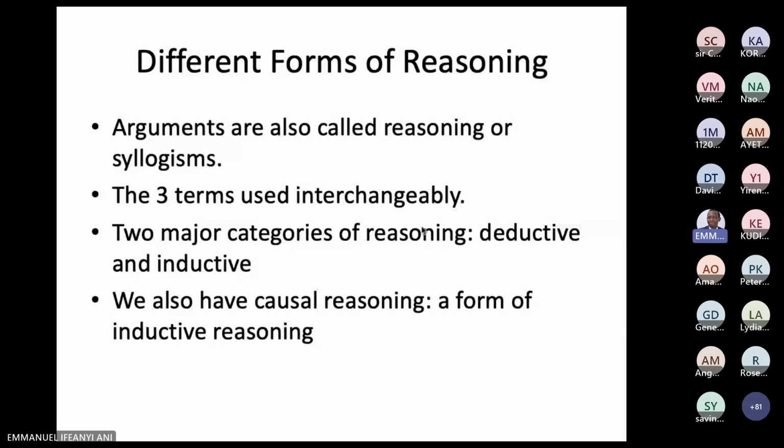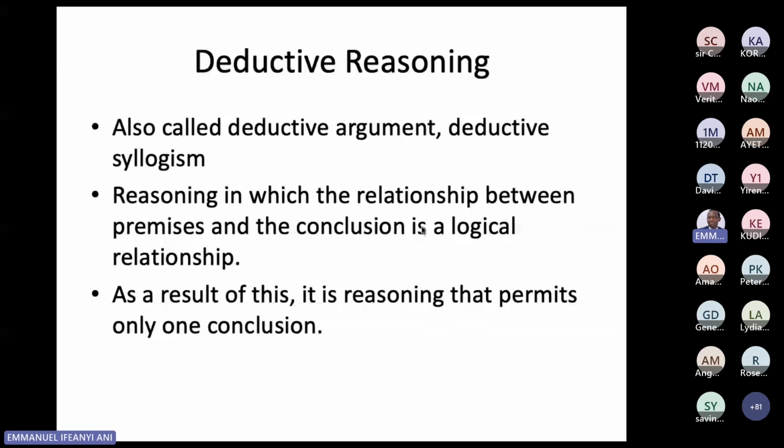Now, deductive reasoning, also called deductive argument or deductive syllogism, is reasoning in which the relationship between the premises and the conclusion is a logical relationship. As a result of this, it is reasoning that permits only one conclusion. When you say 2 plus 2 equals 4, the relationship is logical.